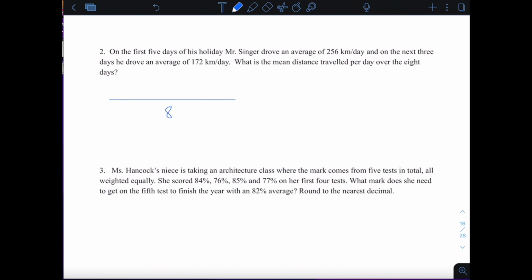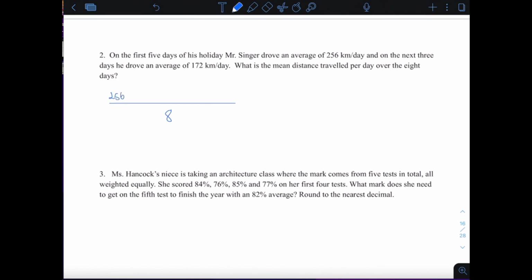So in the first 5 days, it's 256 plus 256 plus 256, and I do that 5 times. So instead of writing that all down, I'm going to write it as 256 times 5 plus 172 times 3, right? So he drove a total of 5 plus 3 equals 8 days.